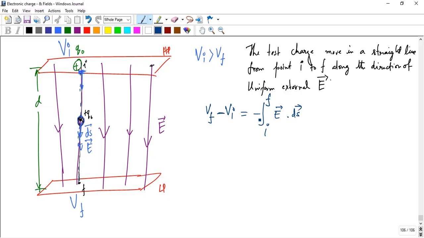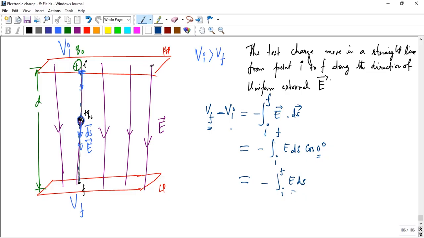The minus sign comes from moving from higher potential to lower potential, so the value is negative, like 3 minus 10 is minus 7. Algebraically that is minus E dot ds. E and ds are in the same direction, so we get minus the integral from I to F of E ds cos theta. Cos 0 degrees is 1, so it is the integral from I to F of E ds.